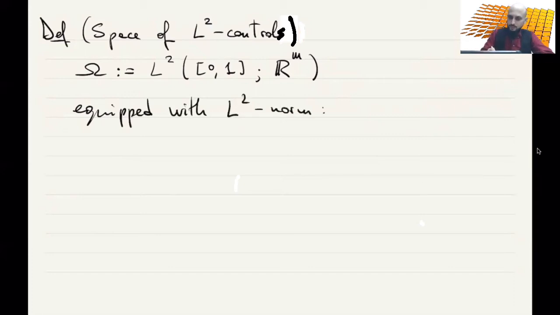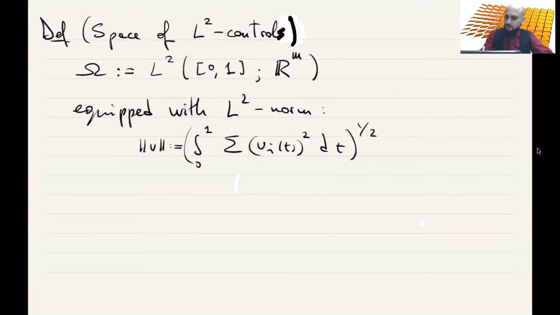The L2 norm of u is equal to the square root of the integral from 0 to 1 of the sum of ui(t) squared dt. This is for all u in omega.